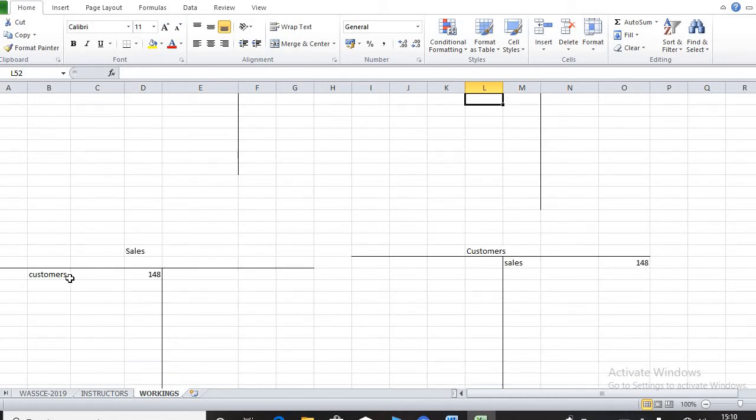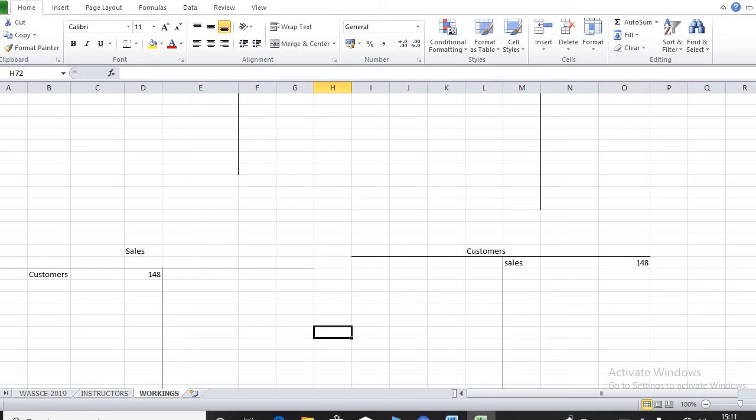We have to open the sales account, then you open the customers account, and we are going to debit the sales account with an amount of 148 in the name of customers. Then we credit the customers account in the name of sales with an amount of 148.